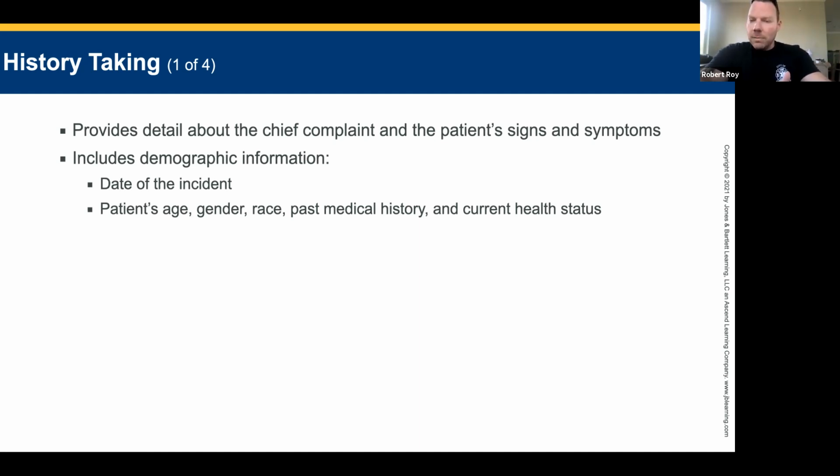So priority number 1 is always yourself, because if you go charging into a scene where whatever took out all the people you're trying to save, if that danger is still there and you go running in like a hazmat scene, now you're another patient. And not only are you one more patient in the list, but you also are one less responder that can get out there. So BSI, scene safe, that's your first 2 steps. And that is your safety.